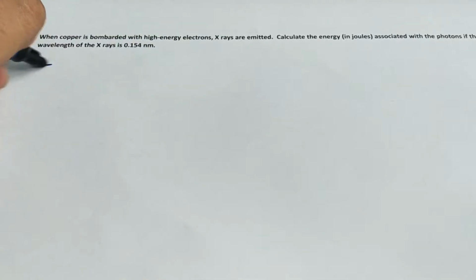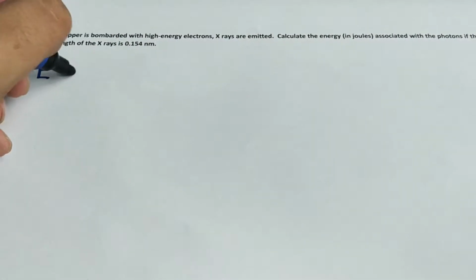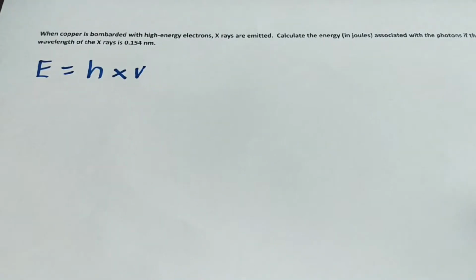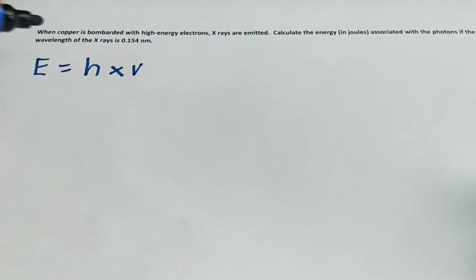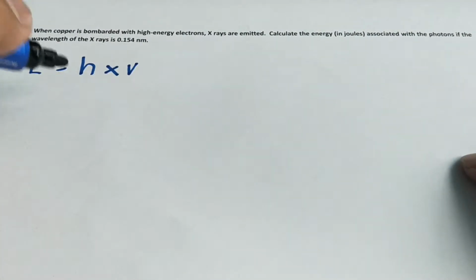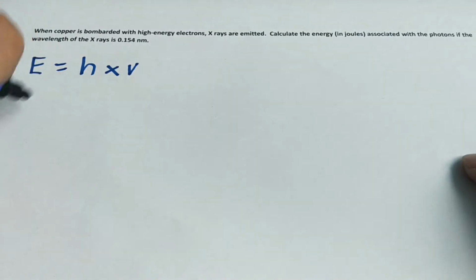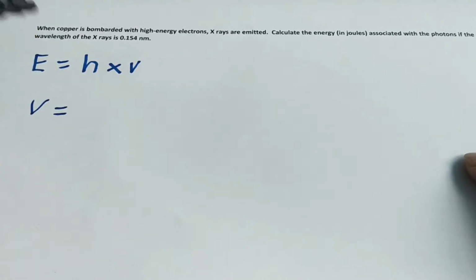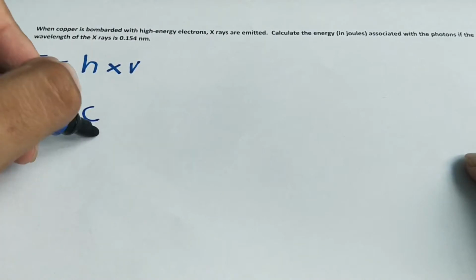I want to explain how to calculate the energy in joules associated with a photon with a given wavelength. We start with energy equals h times v, and v equals c over lambda.